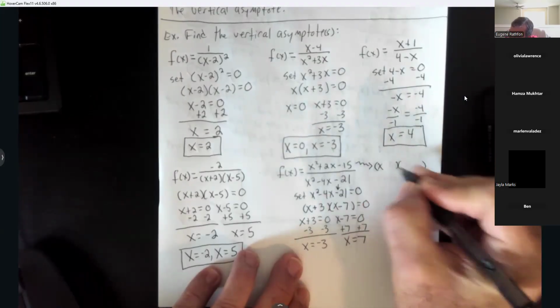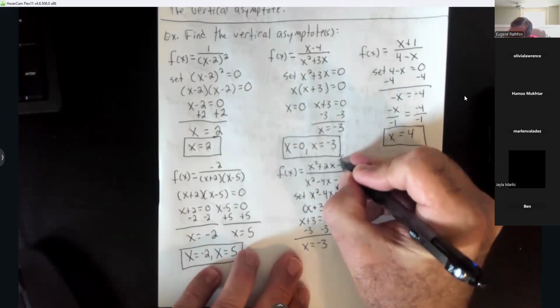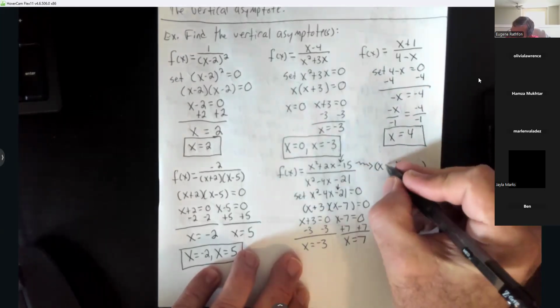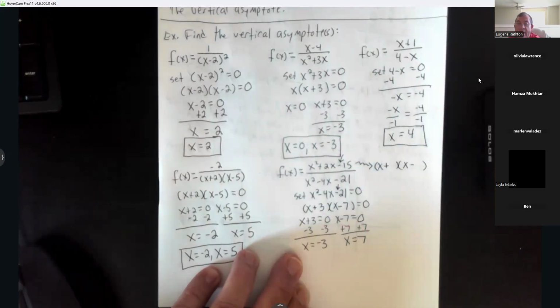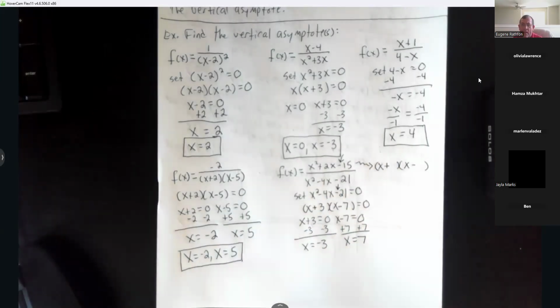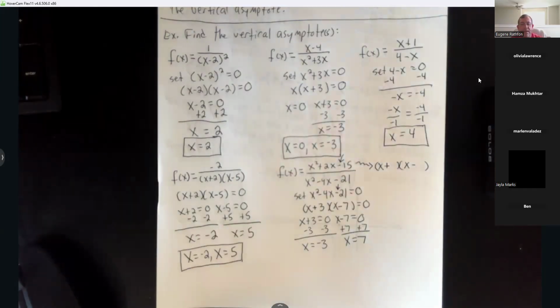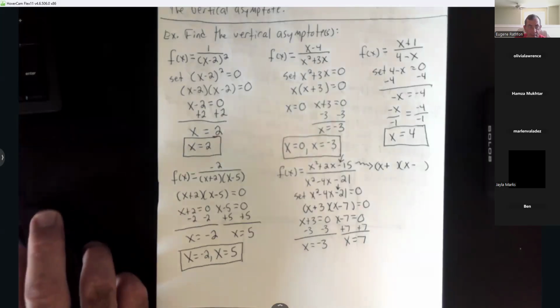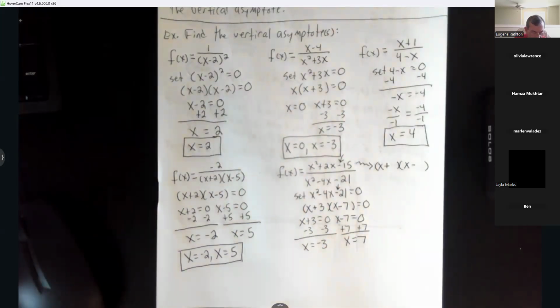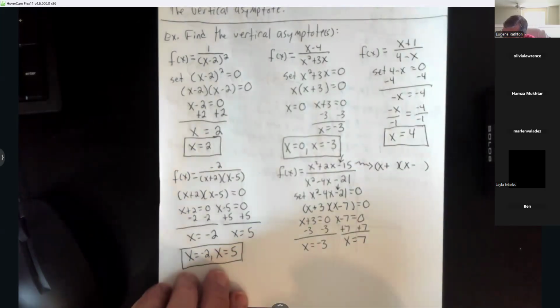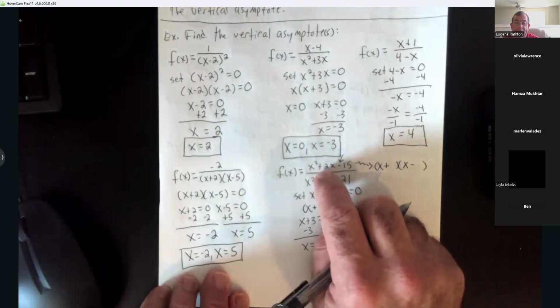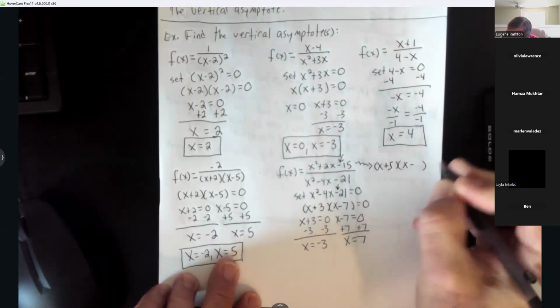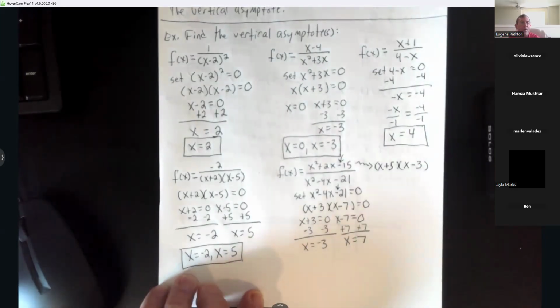X squared is an X and an X. Last number is negative, so one of these will be positive, one of these will be negative. Y'all, can you find me factors of 15 that'll subtract and give me a 2? Okay, y'all got 5 and negative 3. Good job, because the 5's got to be positive like the middle, and then negative 3.